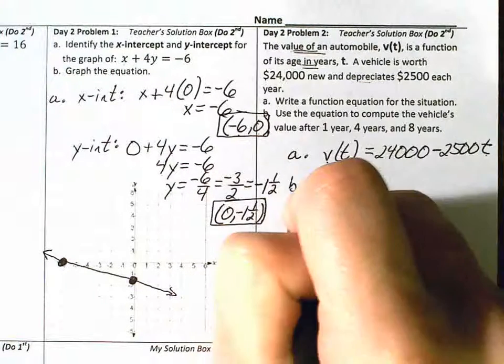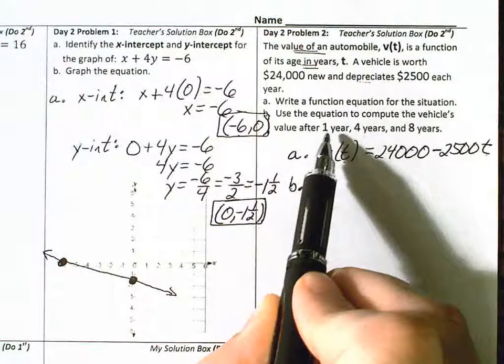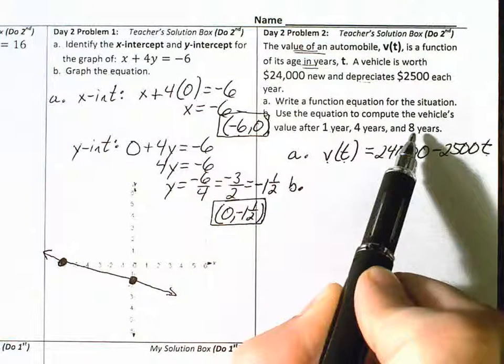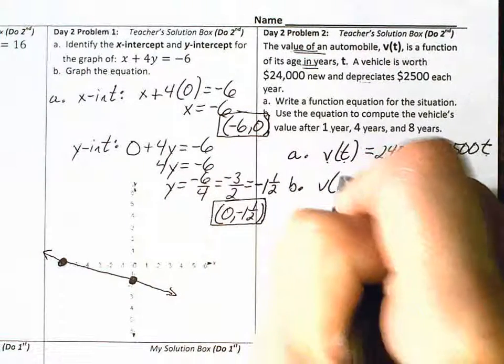Now in question B, we can use this function equation to find the value of a vehicle that's 1 year old and of a vehicle that's 4 years old and then 8 years old. Let's find V of 1.